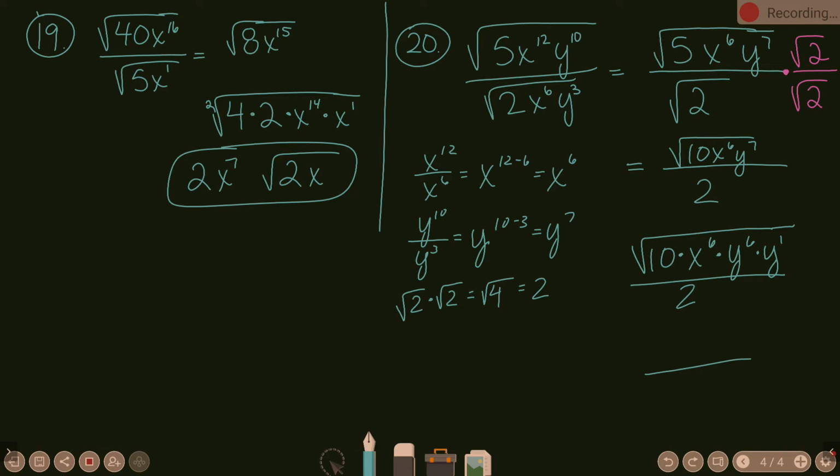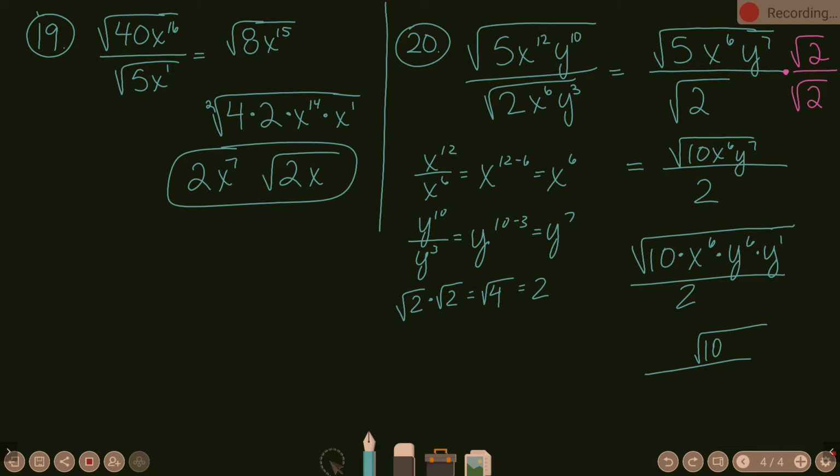On top, square root of 10. Can't do it. Stays under the radical. I guess I didn't even address, are there any perfect squares in 10? There's not. Not sure if I addressed that, though I might have skipped over that detail. X to the 6th. Can I take the square root of x to the 6th?